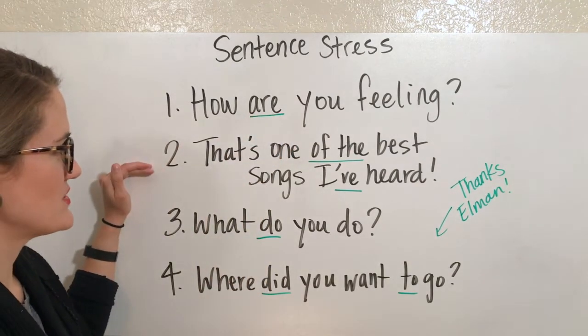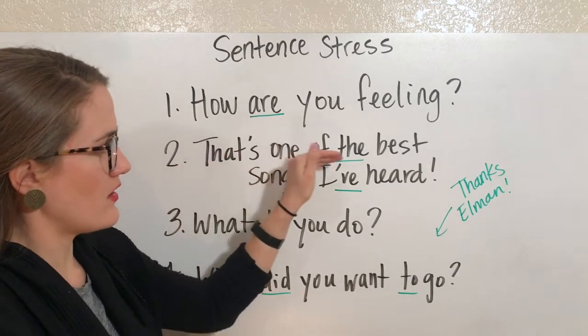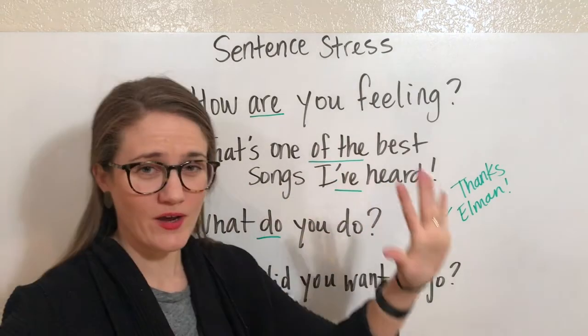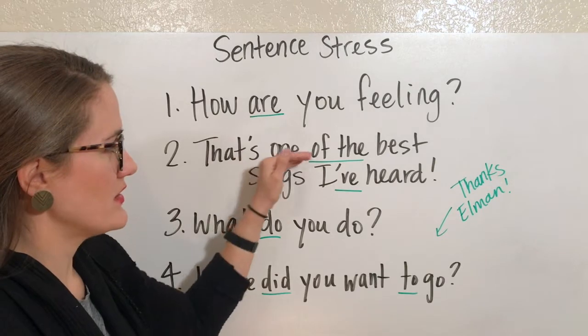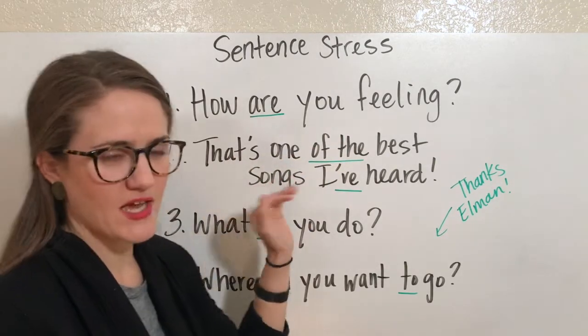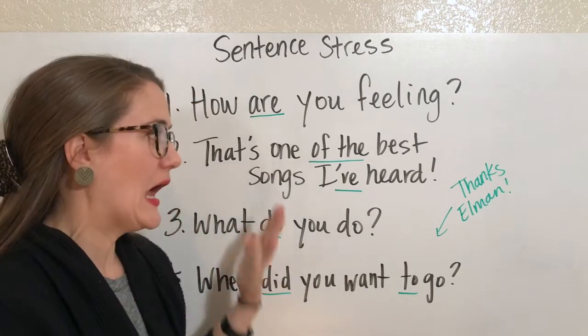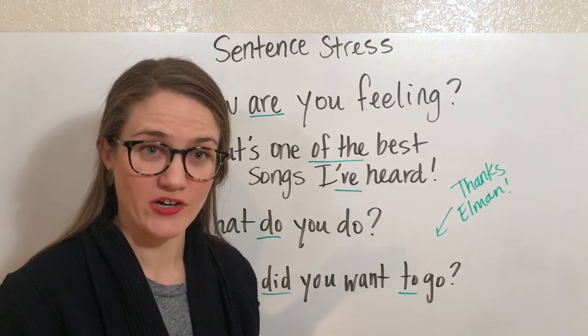Let's look at number 2. We have, that's one of the best songs I've heard. Wow, that's amazing. Okay, so we have, that's one of the best songs I've heard. But as a native speaker of English, I would say, that's one of the best songs I've heard.